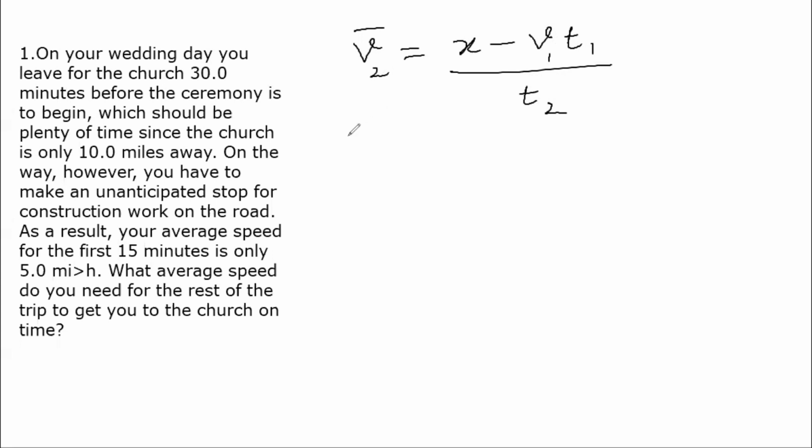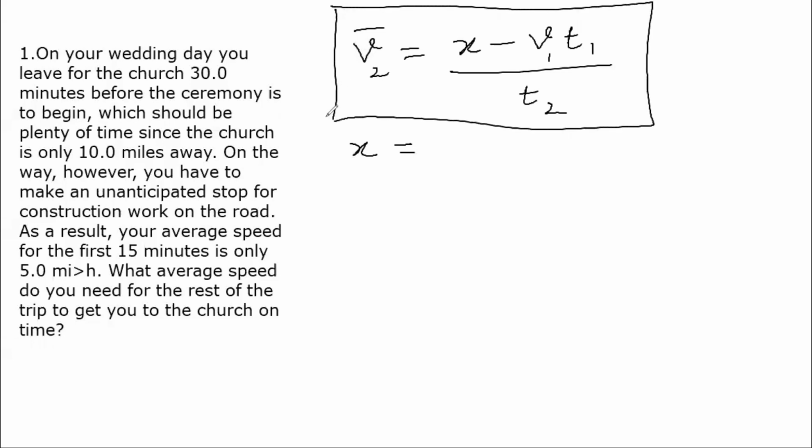By the way, I must mention that this is basically my answer. This is what I call the symbolic answer, because if you look at this, you have all the parameters in this equation. You have x, you have v1, you have t1, and t2 you can also find. So this is basically the symbolic answer.